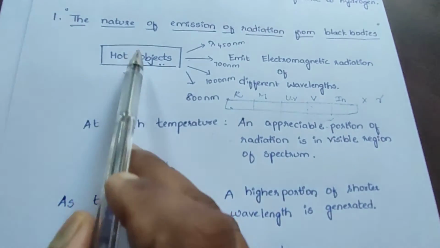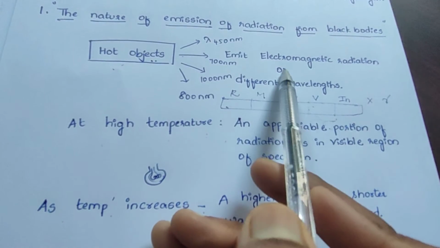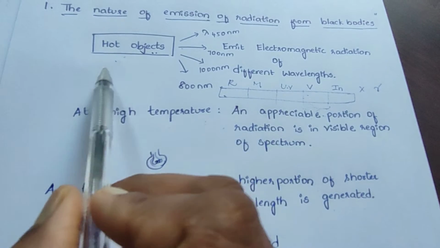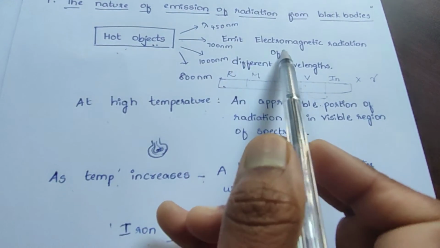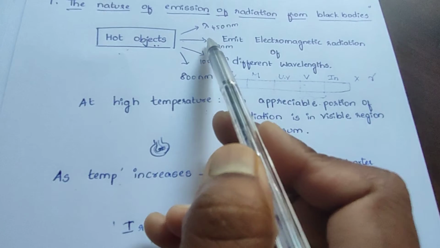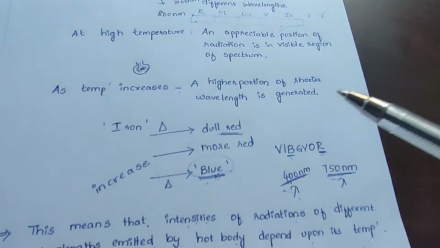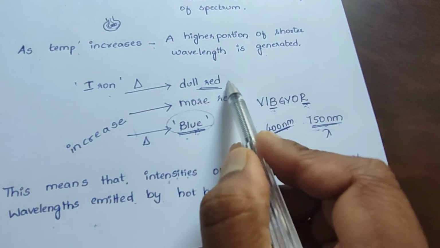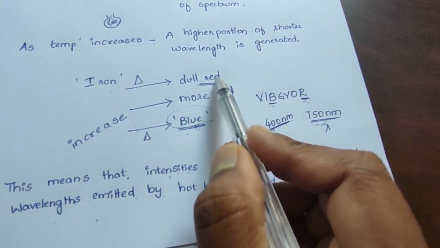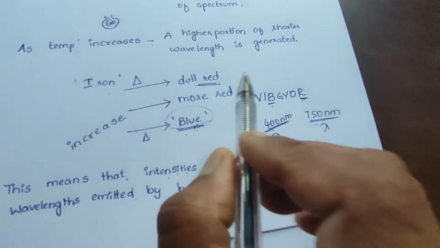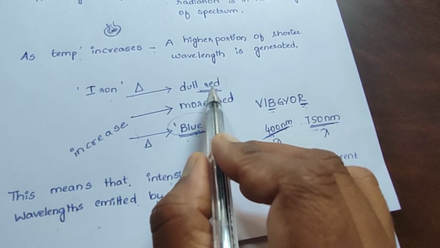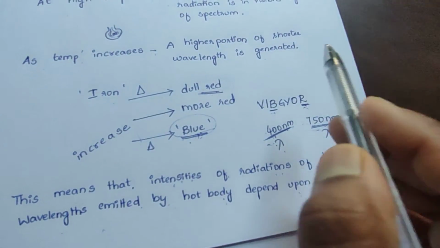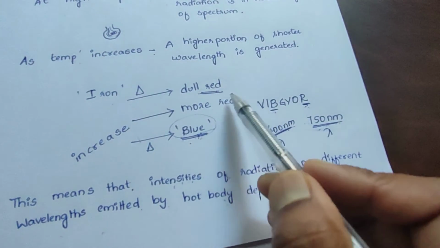In general, hot bodies emit electromagnetic radiations of different wavelengths, but at a particular temperature, radiations of a particular wavelength become prominent. At one temperature, the radiations corresponding to red light will be more than other radiations.